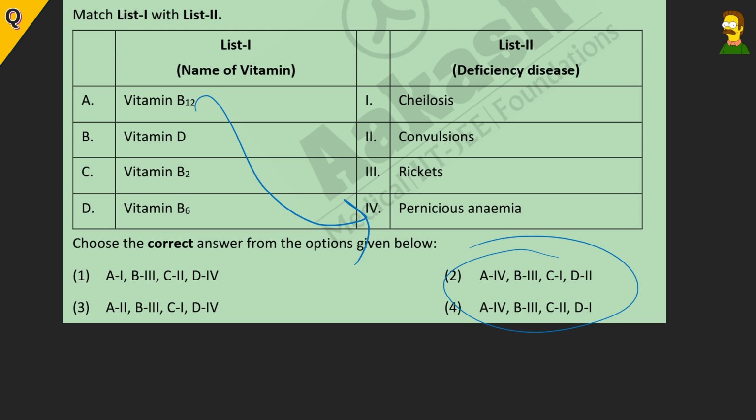Yeah, rickets, which is the same. I don't know between B2 and B6, which is the answer. For them to ask this question is cruel, because you've got to mug the whole NCERT to answer a question like this, right? The answer is option 2. Solution is mugging the NCERT, I suppose.